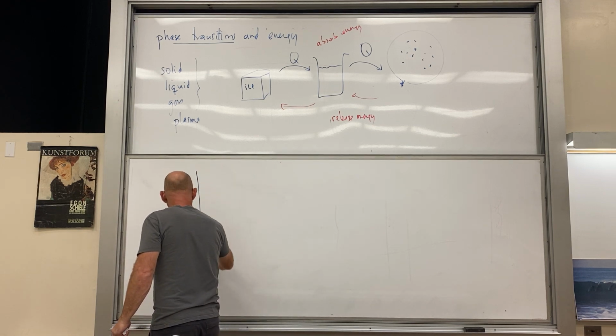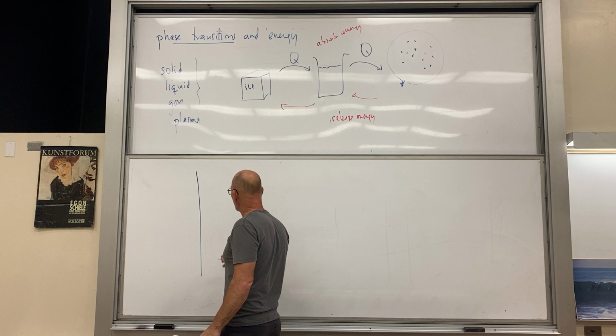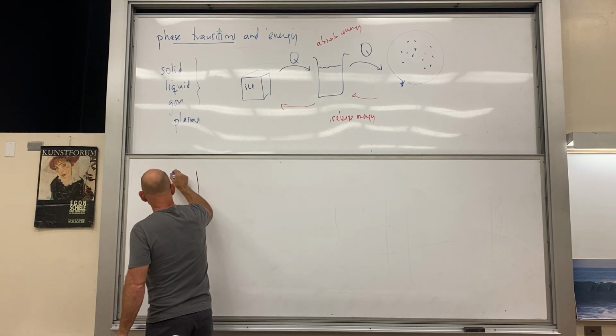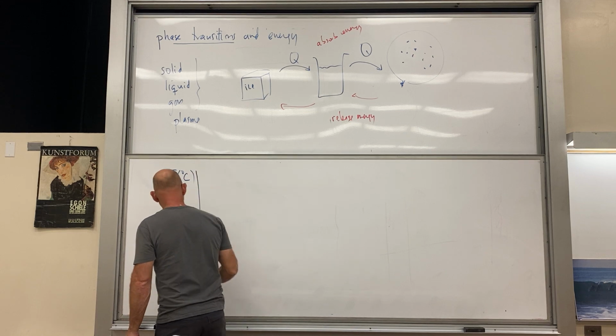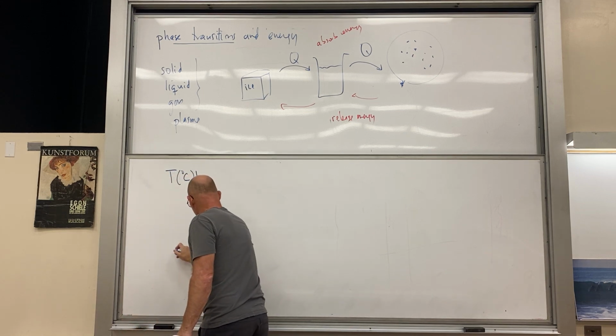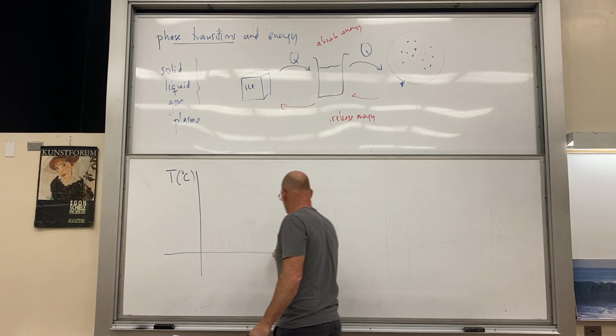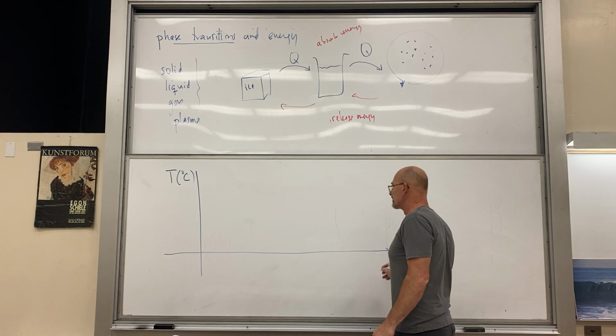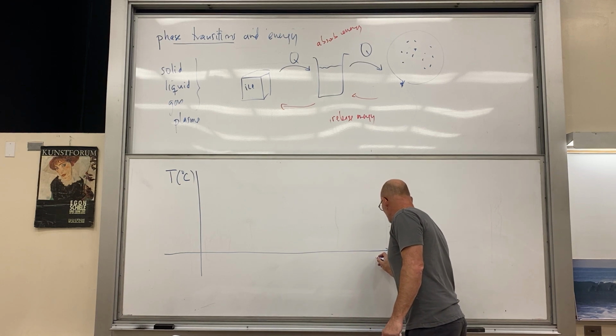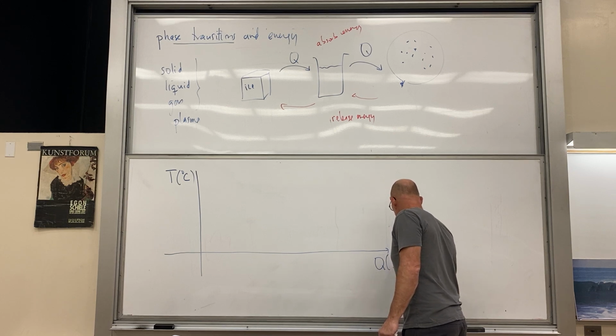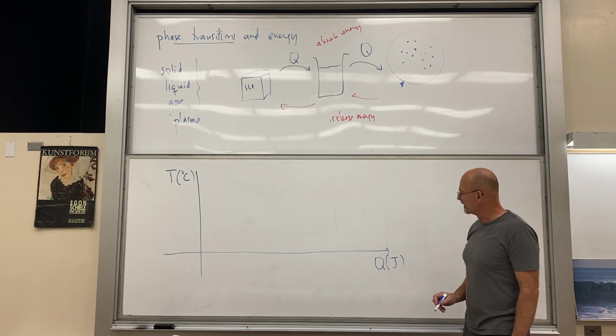Okay. So on this axis, we're going to have temperature in degrees Celsius. And on this axis, we've got to leave a little room to the left and underneath. So on this axis here, we're going to have Q in joules. So that's energy.